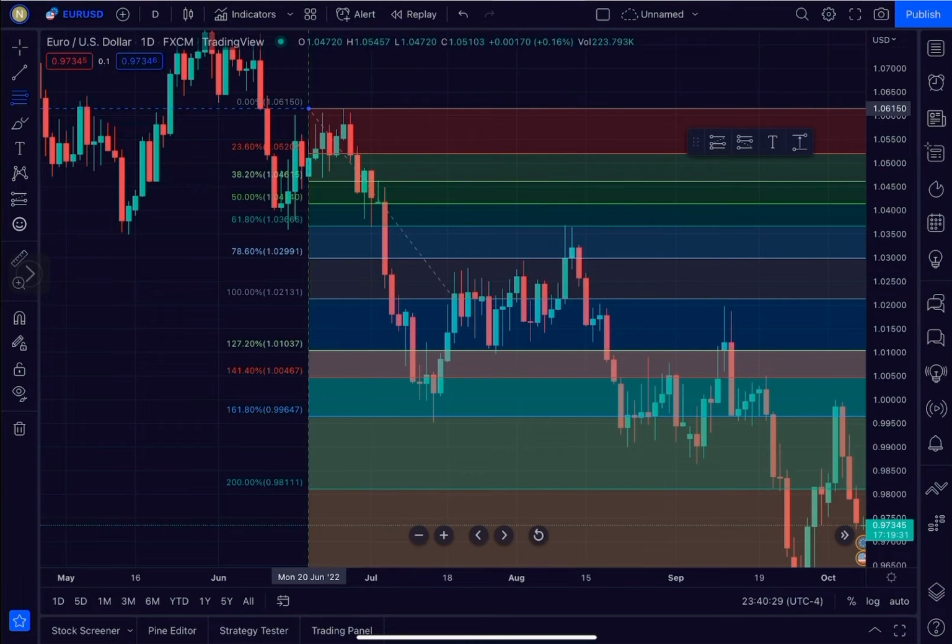For this particular Fibo area right here, let me swap this high and put it there for a second so I can show better. All right, so this high right here, and we're using this low right here.